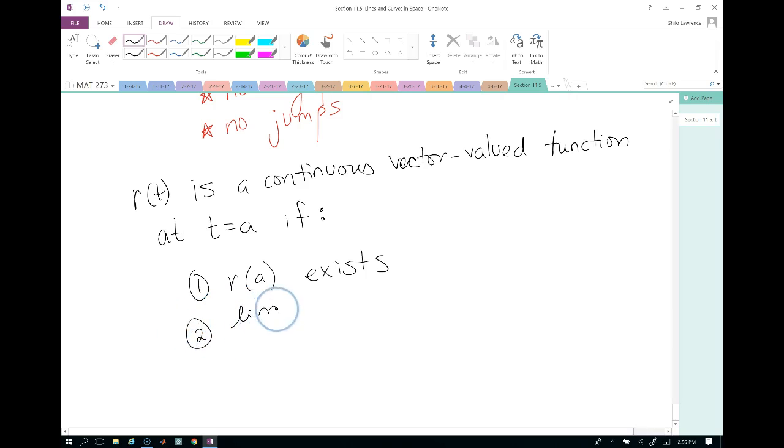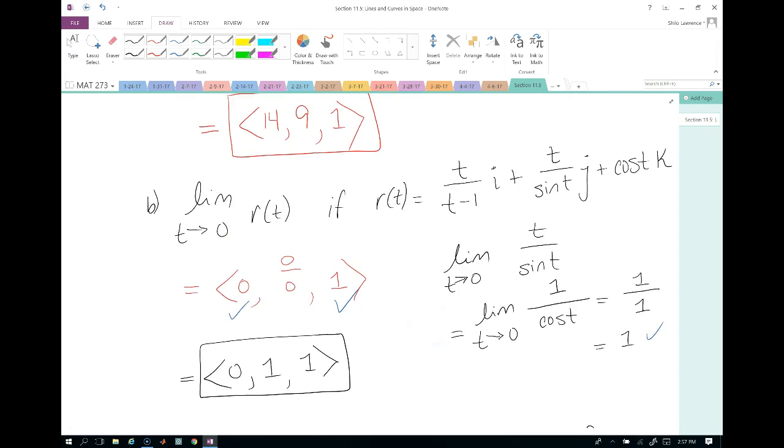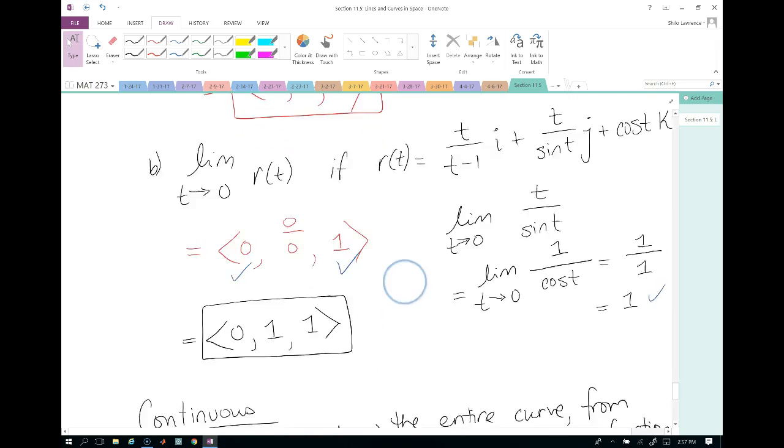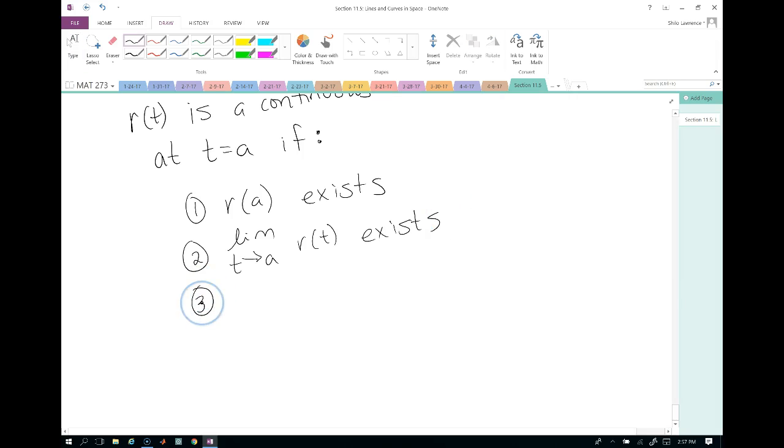We also need the limit as t approaches a for r of t to exist. Both of the limit examples we just did existed. We were able to come up with an answer to the limit for both of them. The third case is usually where this fails if it's going to, and that is that the limit as t approaches a for r of t is equal to r of a.